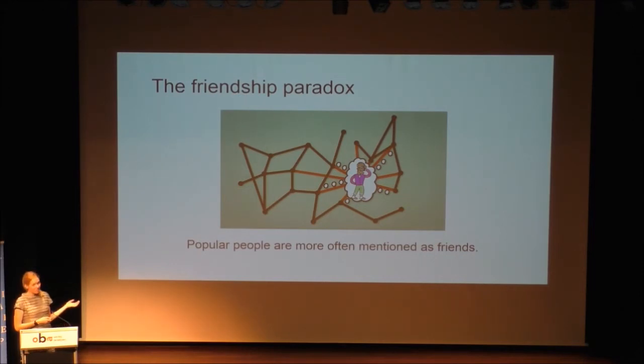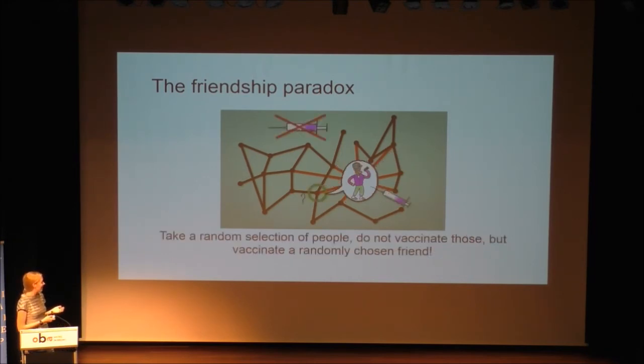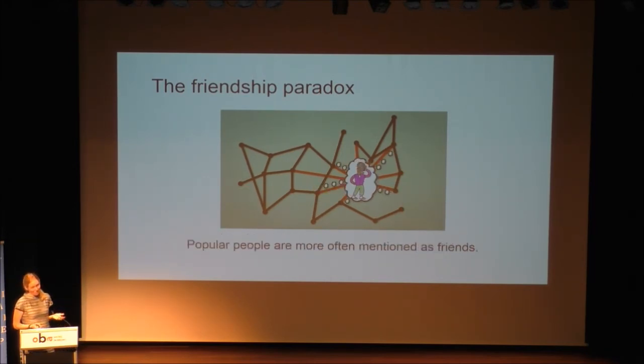So the number of connections this person has counts towards many of the average's number of friends, increasing the overall average. So it's not so surprising that your friends have more friends than you do, on average.